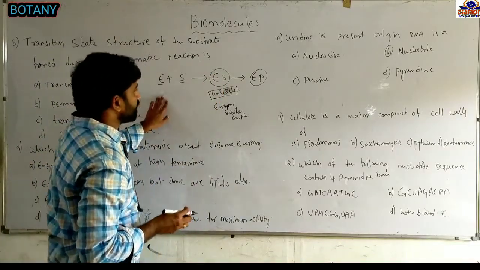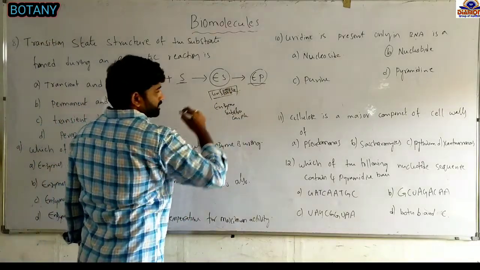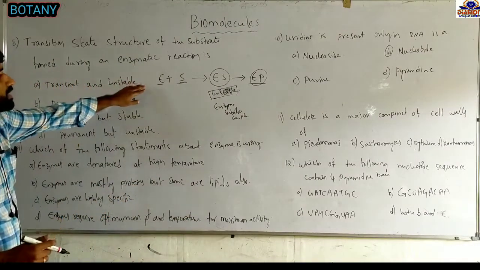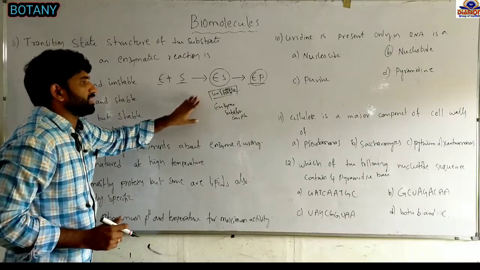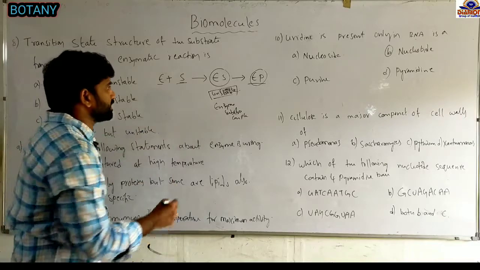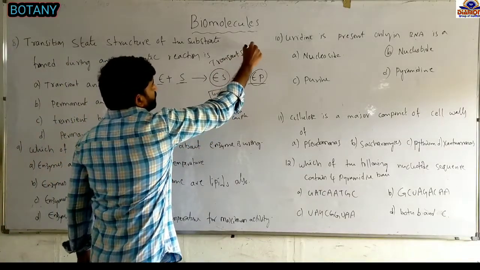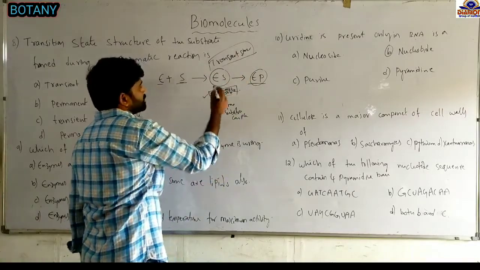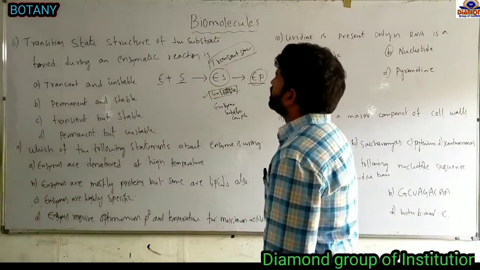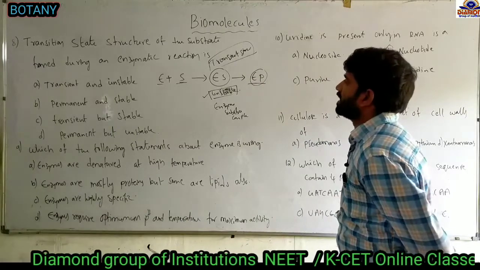So at the time of conversion of the substrates into the products, this intermediate stage forms during the action of these enzymes. That intermediate stage is also called a transient stage. The transient stage is unstable. So the question is asking about the transition state structure of the substrate formed during an enzymatic reaction.